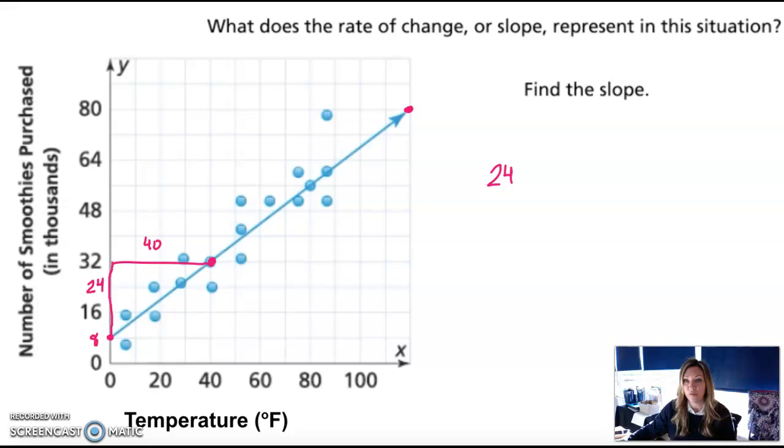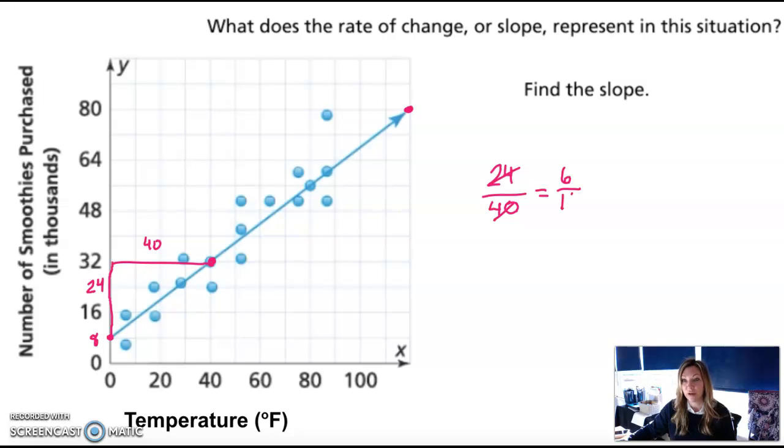You always want to simplify your slope. Remember, we can divide by the greatest common factor that they both have. You could divide by 4. 4 goes into 24 6 times. 4 goes into 40 10 times.